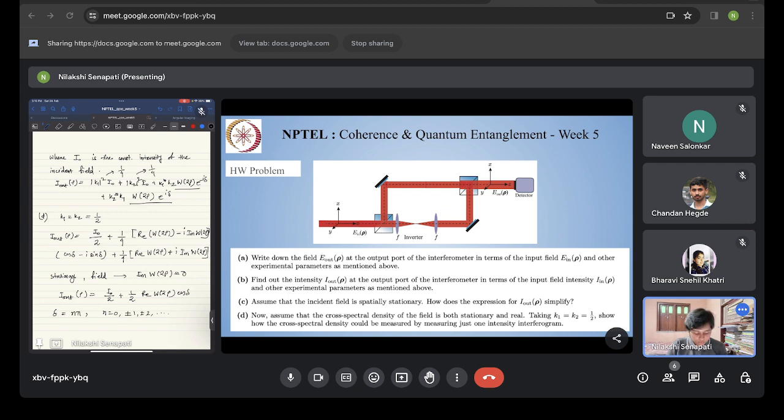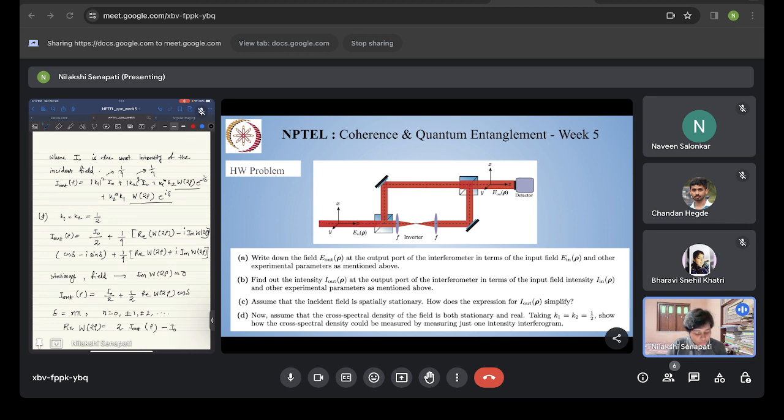So for any n pi, like 0 pi, 1 pi, 2 pi, 3 pi, anything, what we get is the real part of W2 rho equal to 2 I output rho minus I0.